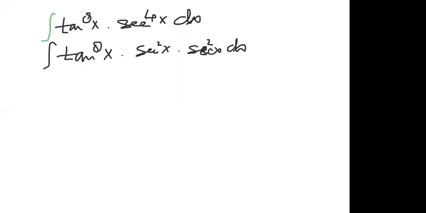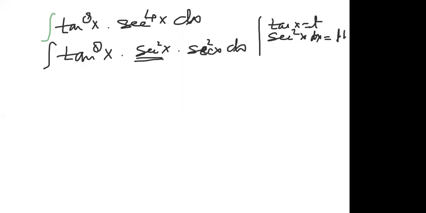Now we are supposing tan x as t. Sec^2 x dx will be equal to dt. With this, one more thing, I can tell you that this sec^2 x may create a problem.